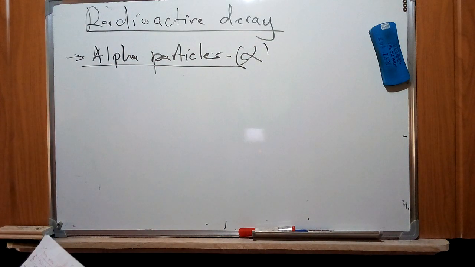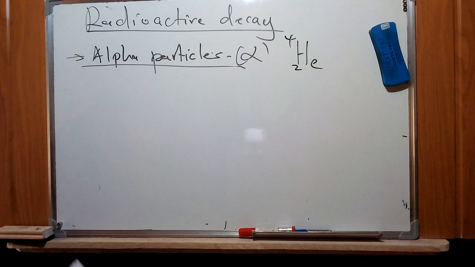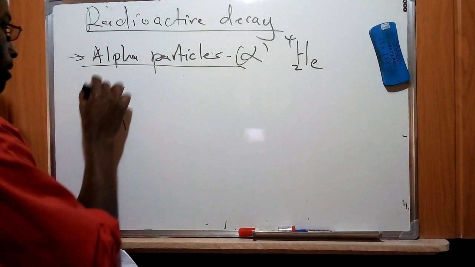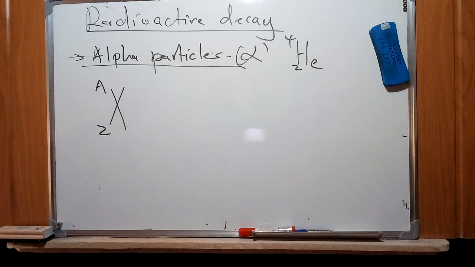So in alpha decay, a heavy nucleus emits an alpha particle, which basically is the helium nucleus. So whenever we refer to alpha particles, this is a helium nucleus. And this process, for an element that we've already discussed in one of our videos in Introduction to Radioactivity, can be represented as this, whereby this is the atomic mass number, and that is the atomic number below.